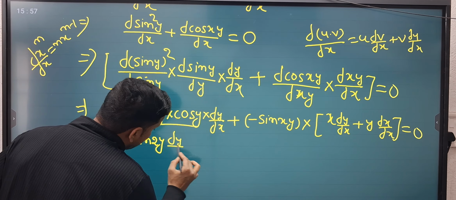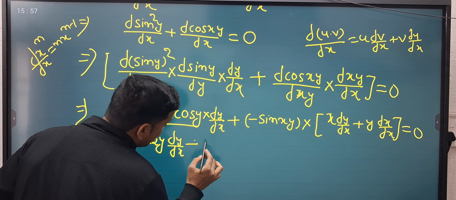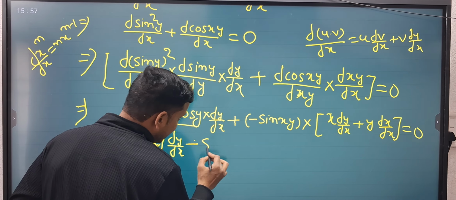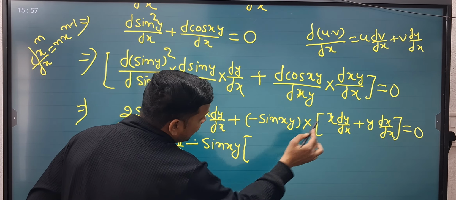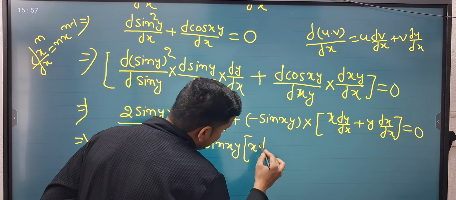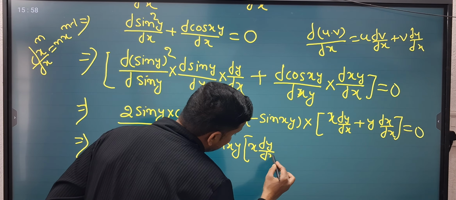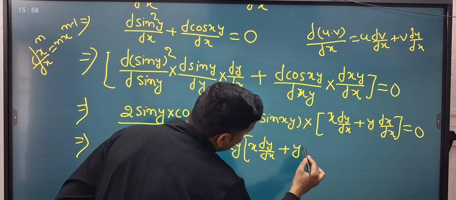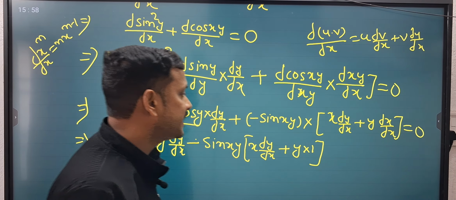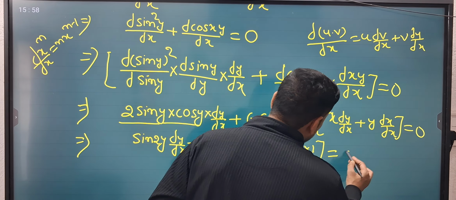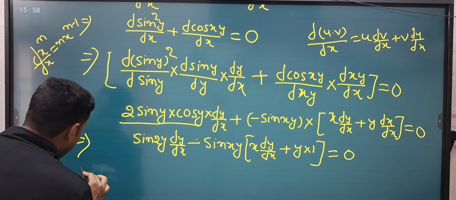and dy by dx plus, minus sin xy into x dy by dx. You have to write here the same dy by dx plus y into 1, because the differentiation of dx by dx equals 1, and you have to write equals 0.